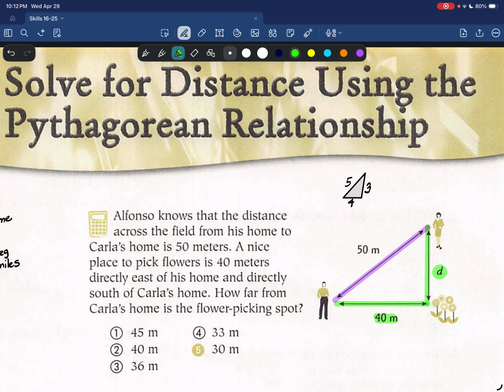So what would you guess that missing piece to be? It's 30, because we know the 3, 4, 5 goes together. They've just added a 0 here. So the answer would be 30 meters. I don't even have to work this problem.